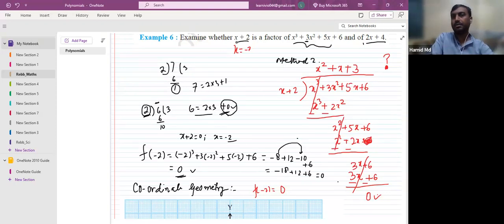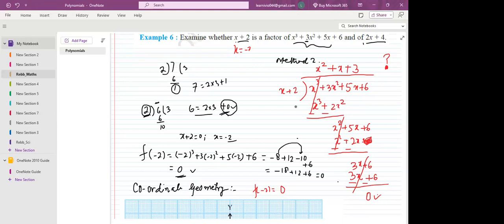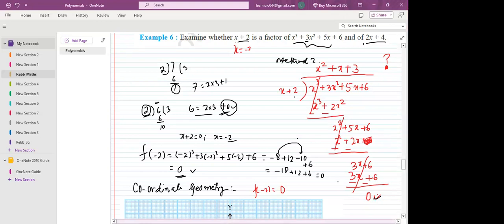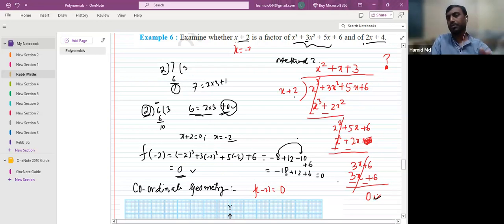Here we tried to see that I divided this polynomial with this and we find that it is 0. So in this way, we establish this relation. The remainder is 0. If remainder is 0, then the factor will be written in this form.